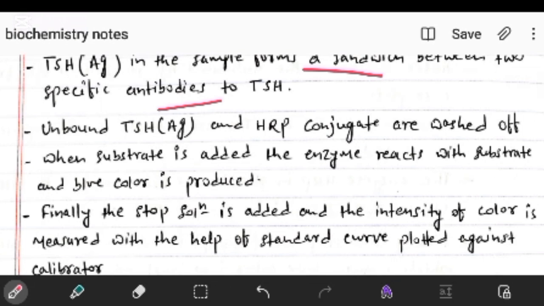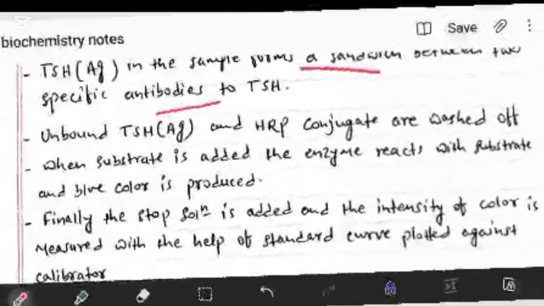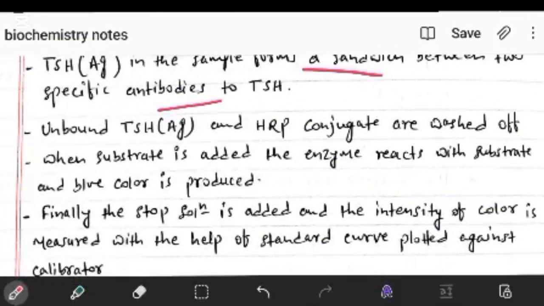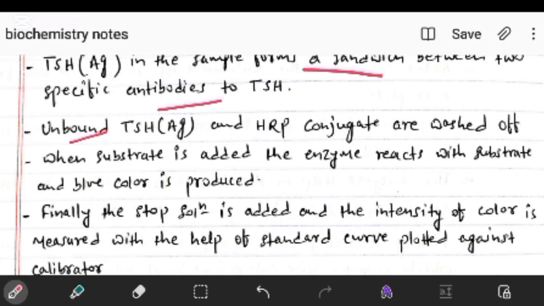Unbound TSH antigen and HRP conjugate are washed off. When substrate is added, the enzyme reacts with substrate and blue color is produced.